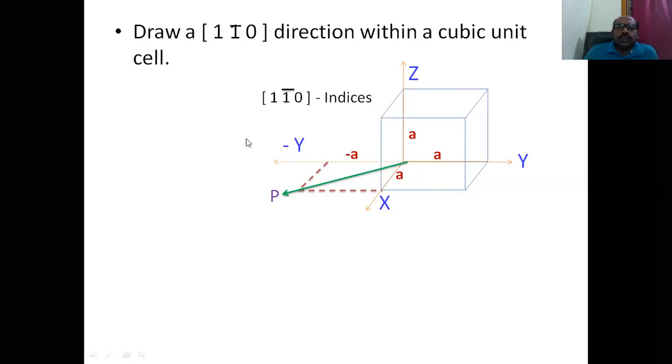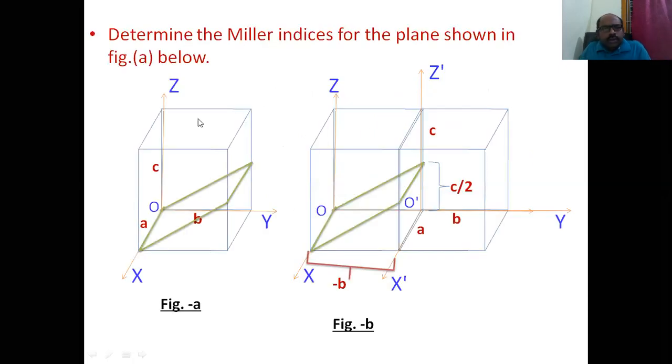So we see the next problem: determine the Miller indices for the plane shown in figure A below. The plane is identified with some green color. We have to find the Miller indices for the plane.